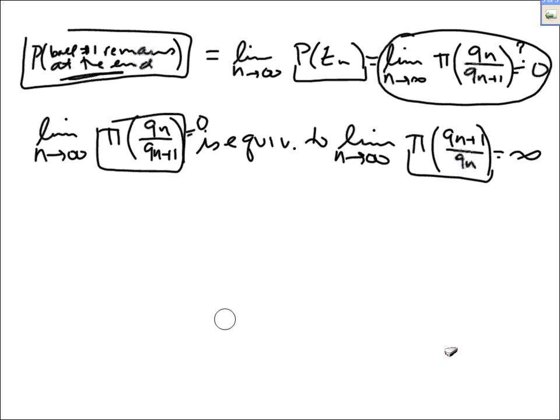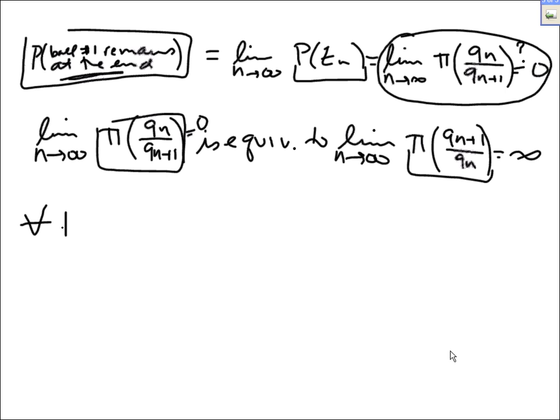So, I think it'll be easier to show this equality, to show that the left side, that limit, equals infinity. Okay, but even that's going to be a bit tricky. Now, that's the symbol for all.